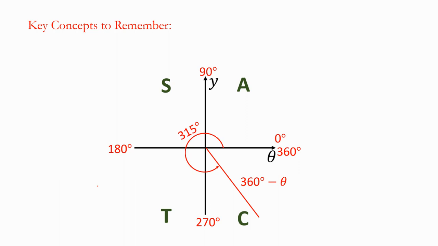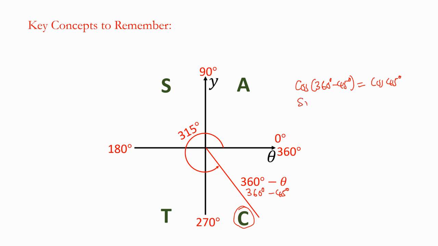Okay, so it is in the fourth quadrant. So we can say here, let me just write 360 degrees minus 45 degrees. So it means that if it is cos 360 degrees minus 45 degrees, this is equal to cos 45 degrees, because it's in the fourth quadrant, and cos 360 degrees minus 45 degrees is positive.